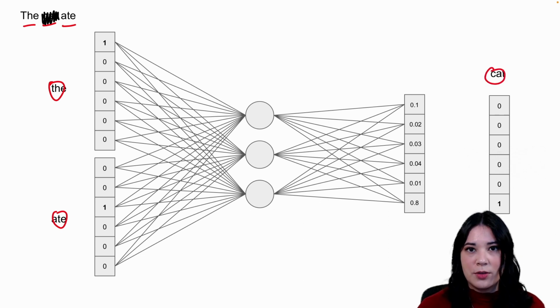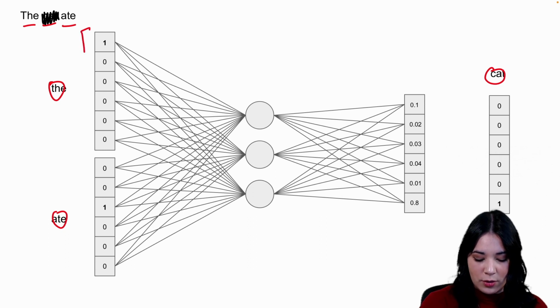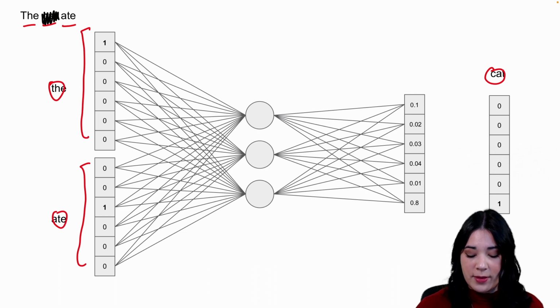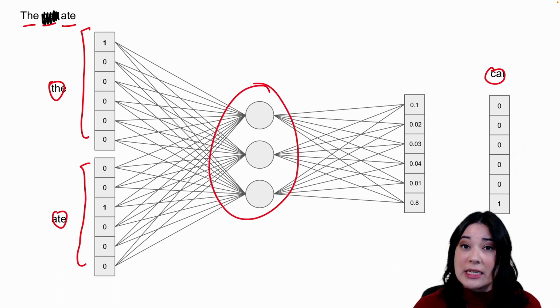To do this, we can create a neural network. For instance, in this simple case, we are using only the word right before and the word right after the blank as input. We input these into the neural network as one-hot encoded vectors. Then we feed them through a hidden layer, and we can decide how big we want this hidden layer to be.